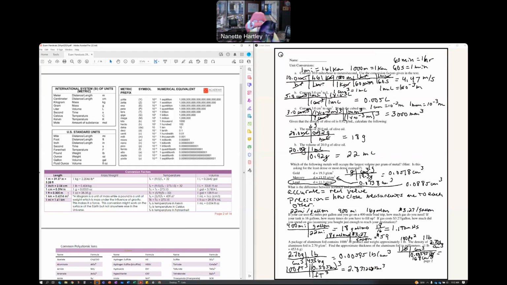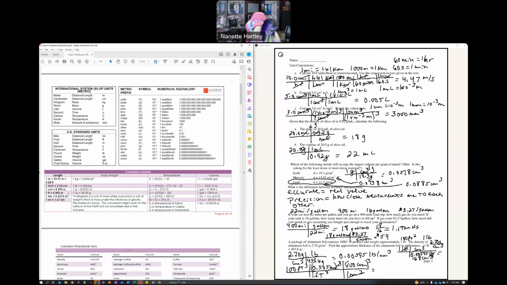meters cubed. Now, since this is centimeters cubed, I'm going to erase this and go for meters cubed. So 1 meter is 100 centimeters. I'm going to cube this, I'm going to cube that, so meter cubed will cancel, and that'll give you an answer in centimeters cubed.